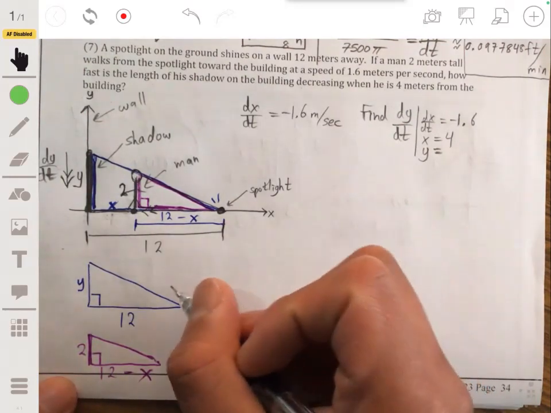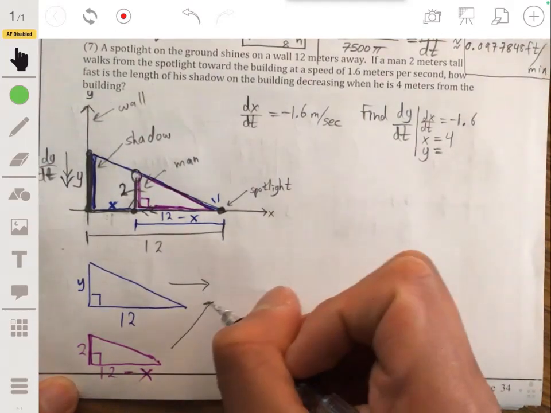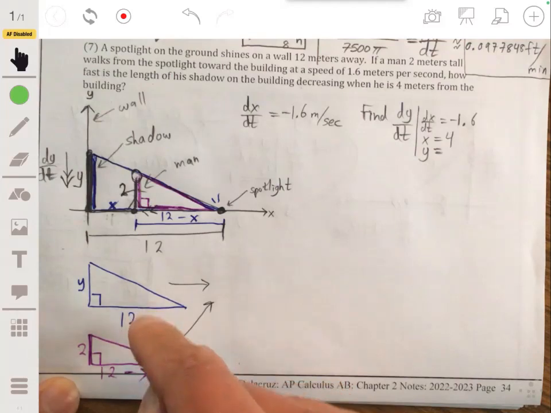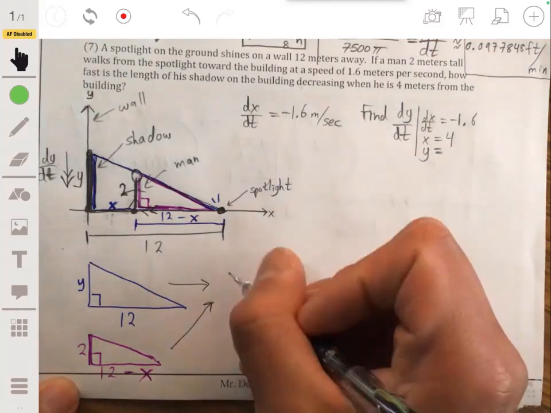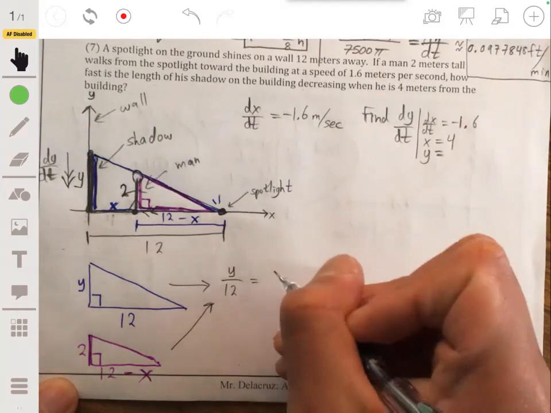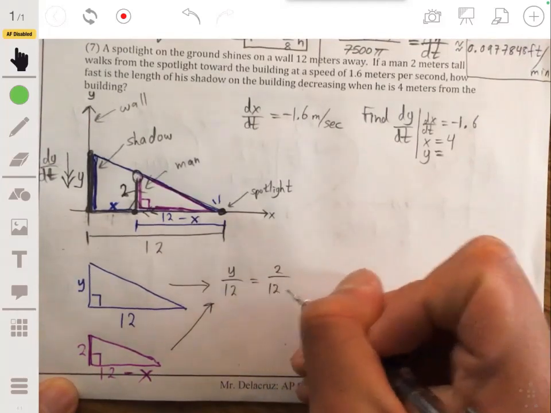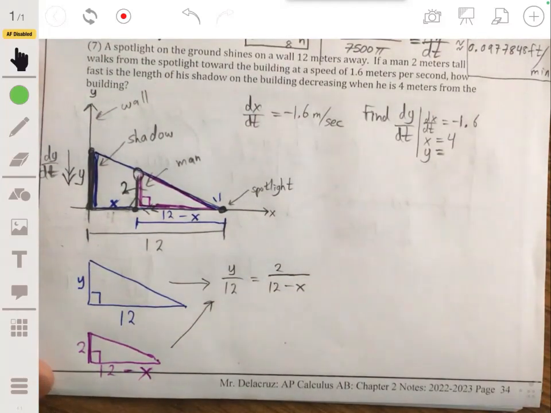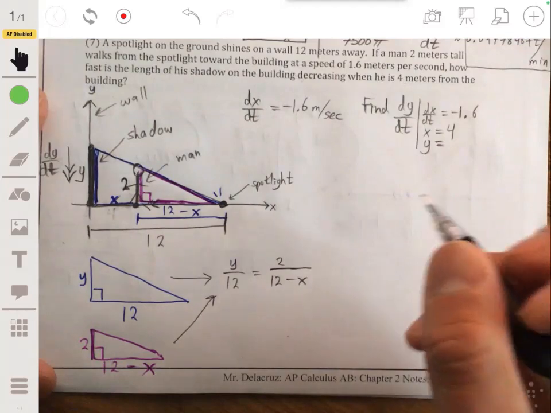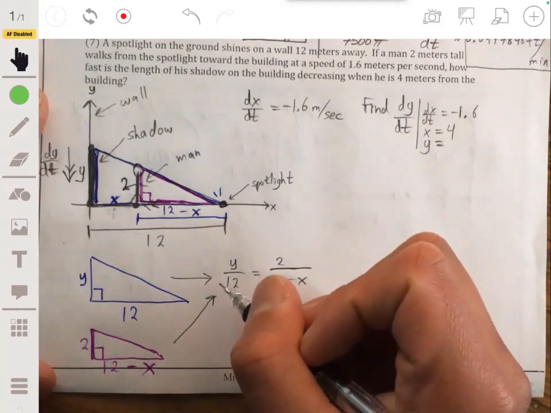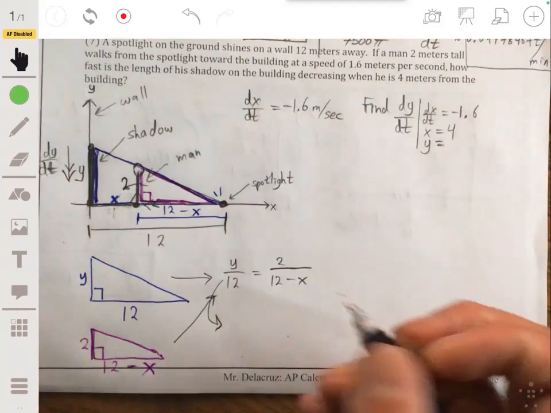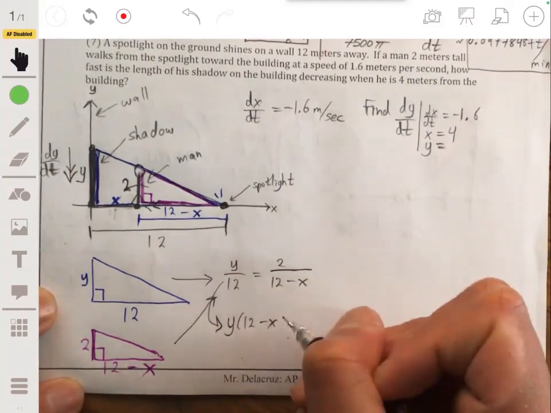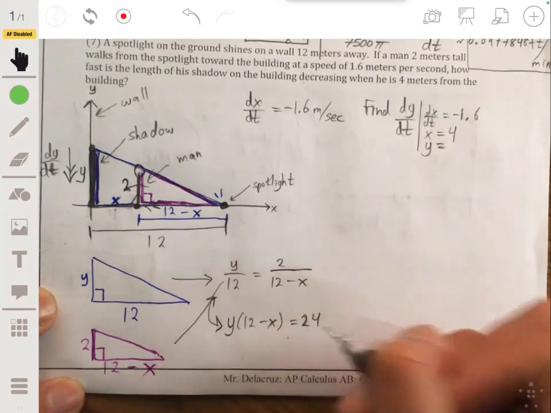And so the equation that we can set up would be y over 12 is equal to 2 over 12 minus x. Then from here, let's just write a linear equation. So we'll have y times (12 minus x) equals 24.